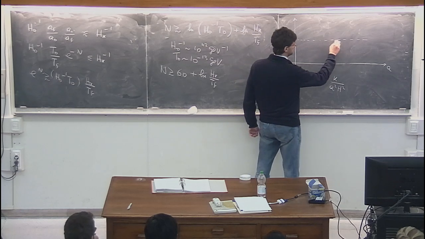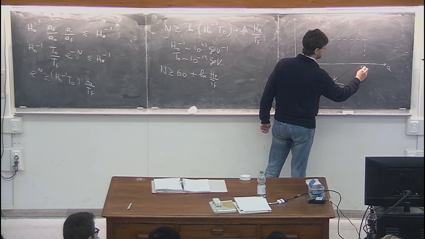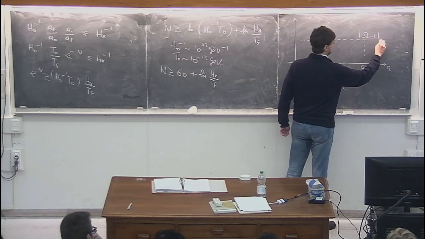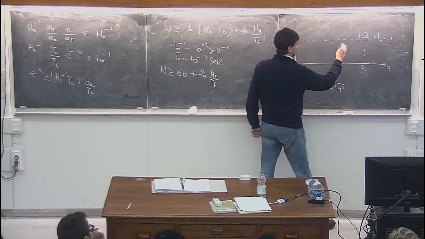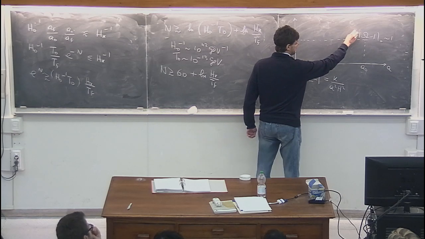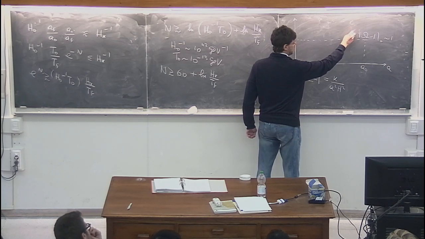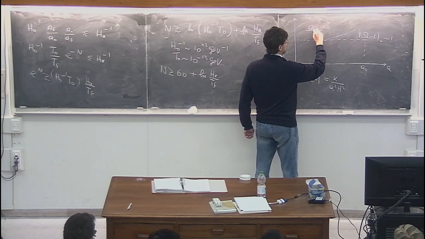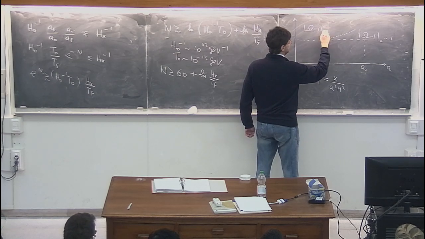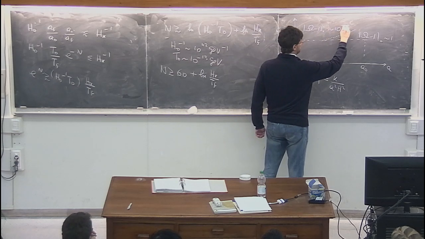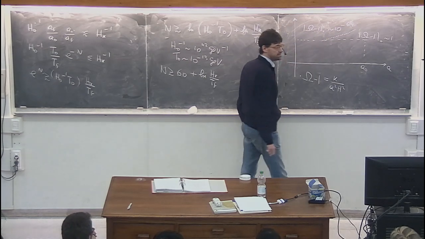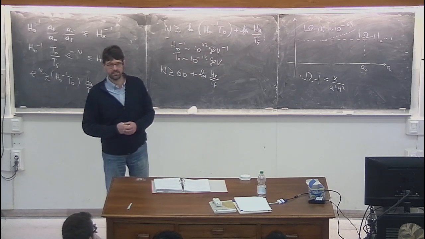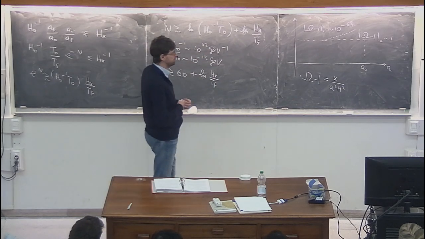Let's suppose that this is t0 or a0. So Omega minus 1 here is of order 1. Okay, let me amplify, because otherwise I will not be able to draw it. If we go back in time, Omega minus 1 at some initial value has to be of order, if you remember, 10 to the minus 64 or something like this, in order to reproduce the current value today. You remember? We did this computation yesterday.